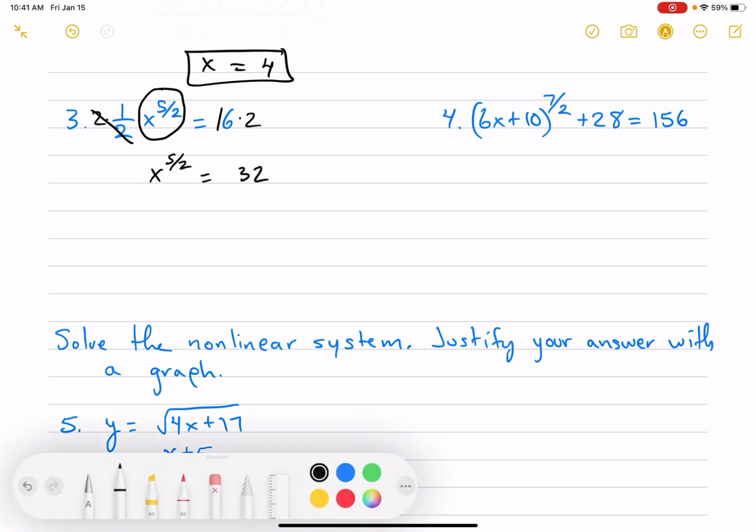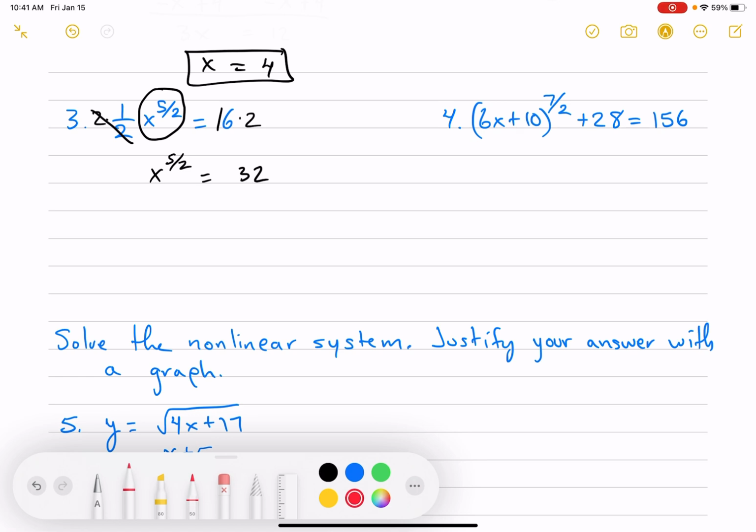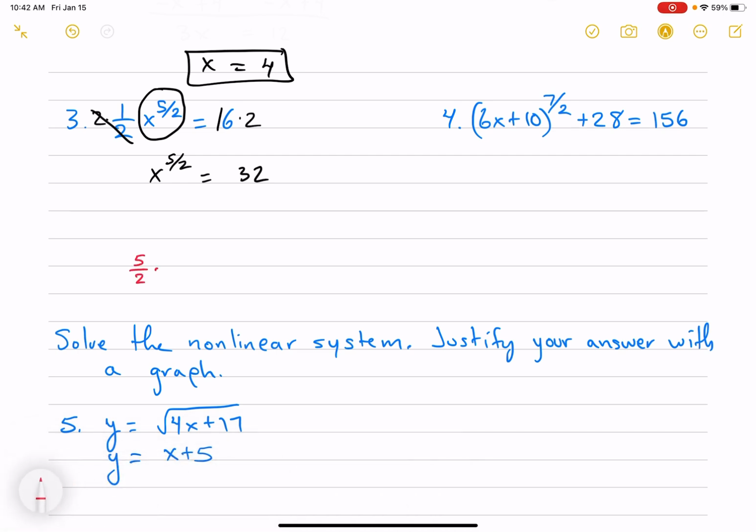Now, to cancel that exponent, we could do it in 2 steps, or we could just do it in 1 step. Whenever you multiply a number like 5 halves times its reciprocal, the reciprocal is 2 over 5. And if we ever multiply a number by its reciprocal, we always get 1 as an answer.